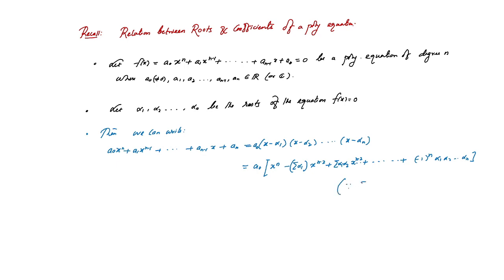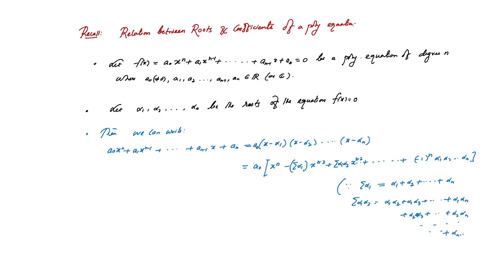So what is the meaning of summation alpha 1? Summation alpha 1 means alpha 1 plus alpha 2 plus up to alpha n, the sum of all roots. Summation alpha 1 alpha 2 means alpha 1 alpha 2 plus alpha 1 alpha 3 plus alpha 1 alpha n plus alpha 2 alpha 3 plus dot dot alpha 2 alpha n, and so on.